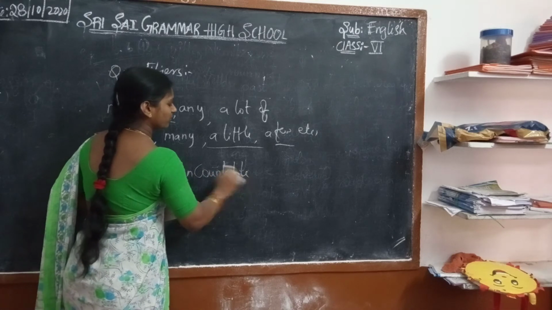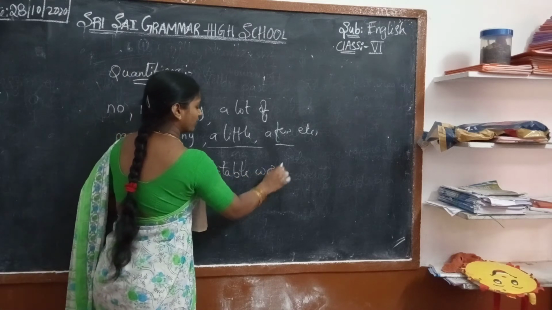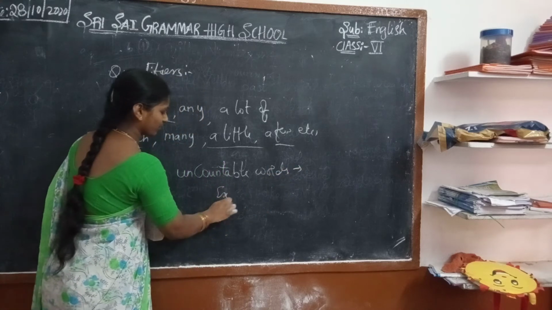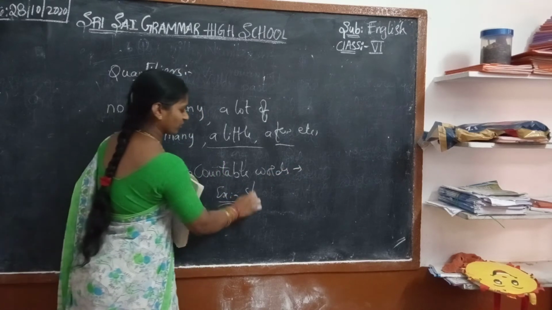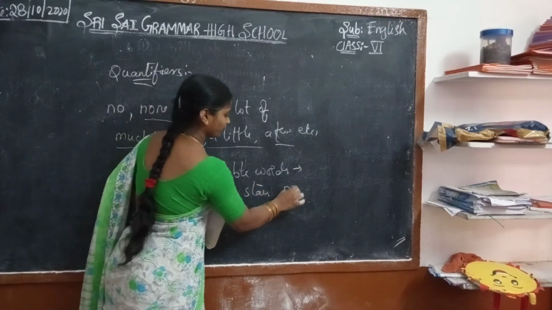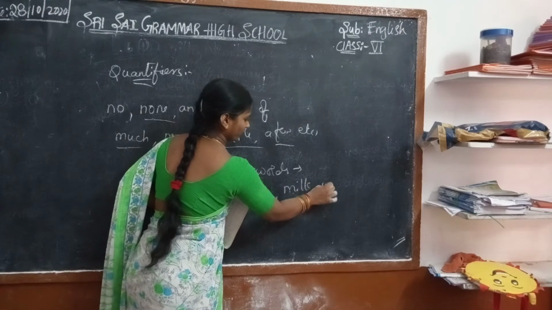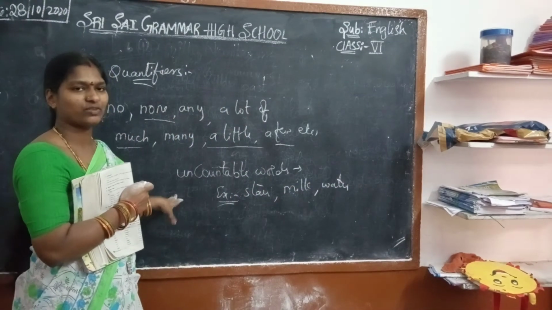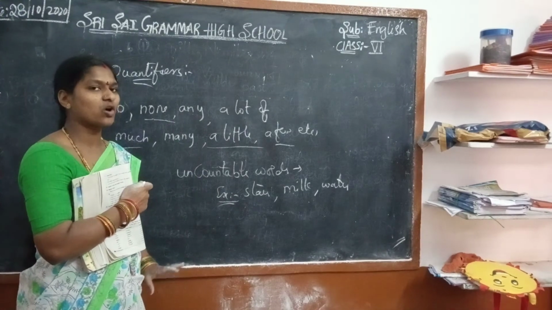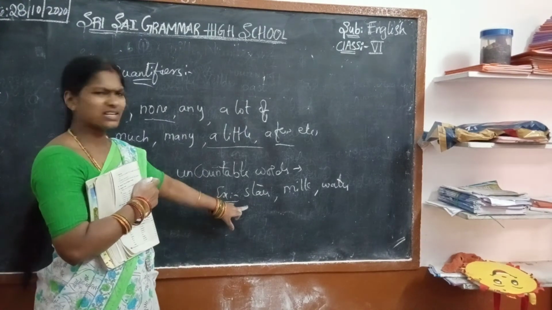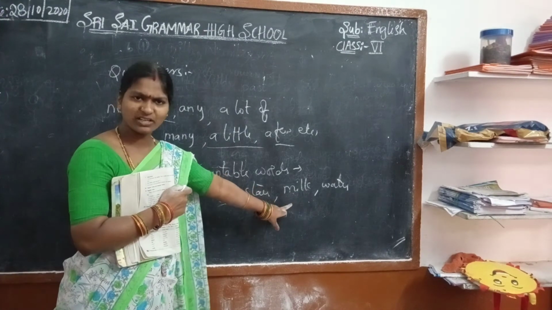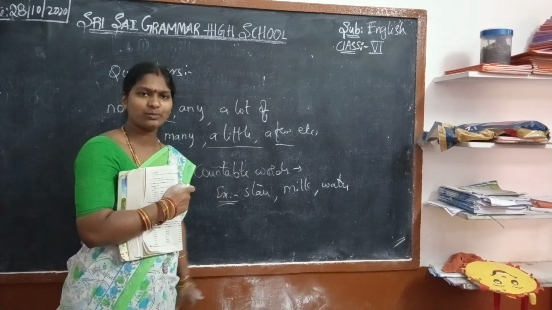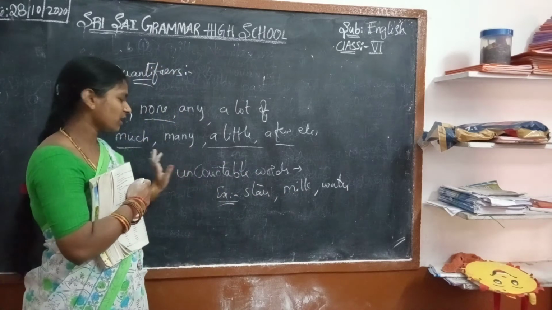What are uncountable words? For example, stars, milk, water. Uncountable means we cannot count them, which is not countable.